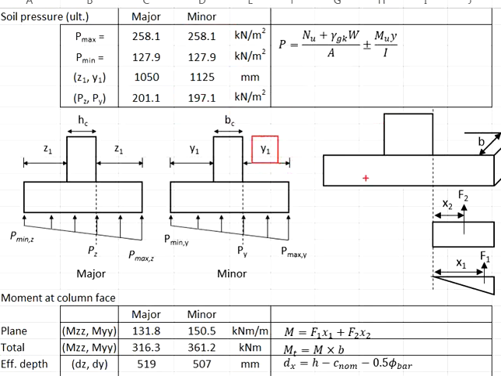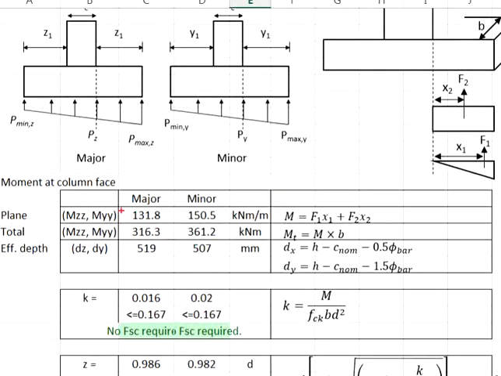Multiply by Y1 and then multiply by 0.5, giving you the area of the triangle. Multiply by the lever arm, which is located at 2/3 of the base from the surface of the column. You will get two different moments in the major and the minor axis.